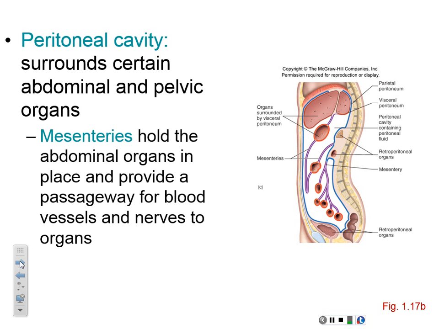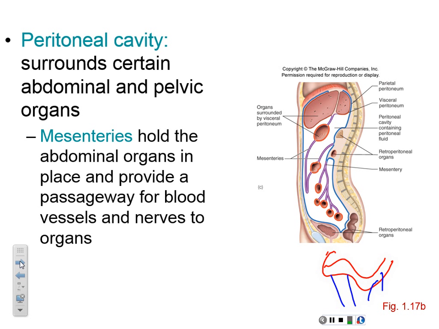Mesentery is a tissue that holds your intestines in place. Because your intestines are squiggling all over the place, you have the mesentery, you see, which is all this purple, that holds it into some sort of organization. All right? Because you don't want it to kink up. What happens when you kink a hose pipe?